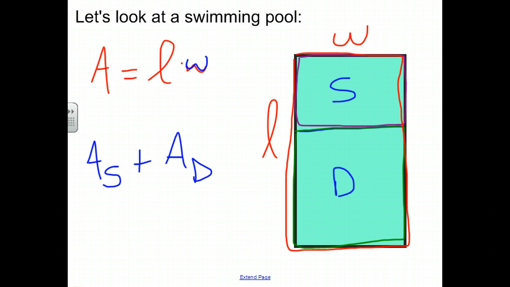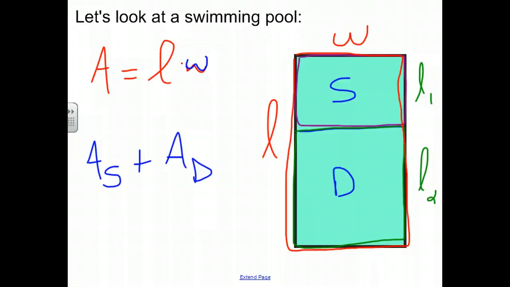Now let's take a look at this. The width of the shallow area and the width of the deep area are exactly the same because they are the width of the swimming pool. But the shallow area has length 1, and the deep area has a different length. We'll call them length 1 and length 2 because we're not sure exactly what they are at the moment, but it's not important.